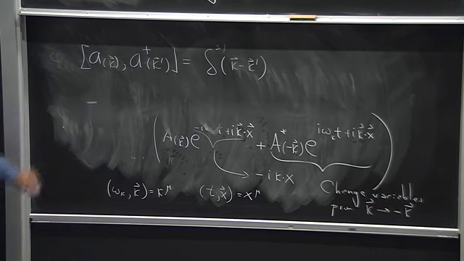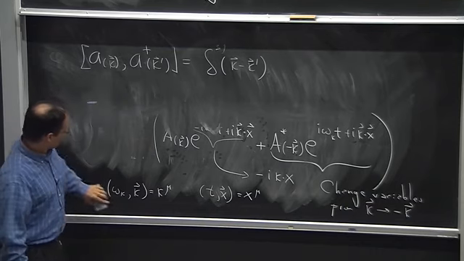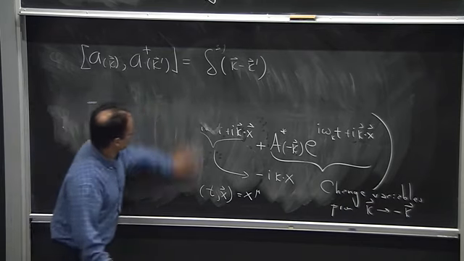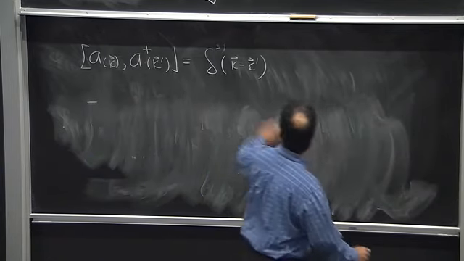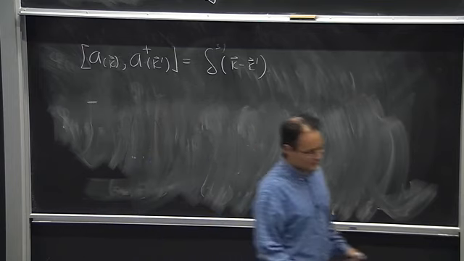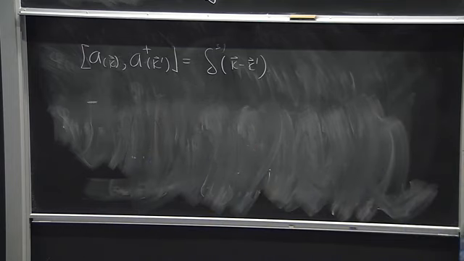You should get that the A and the A dagger satisfy these commutation relations. So now we're in business. Or that's what we think.